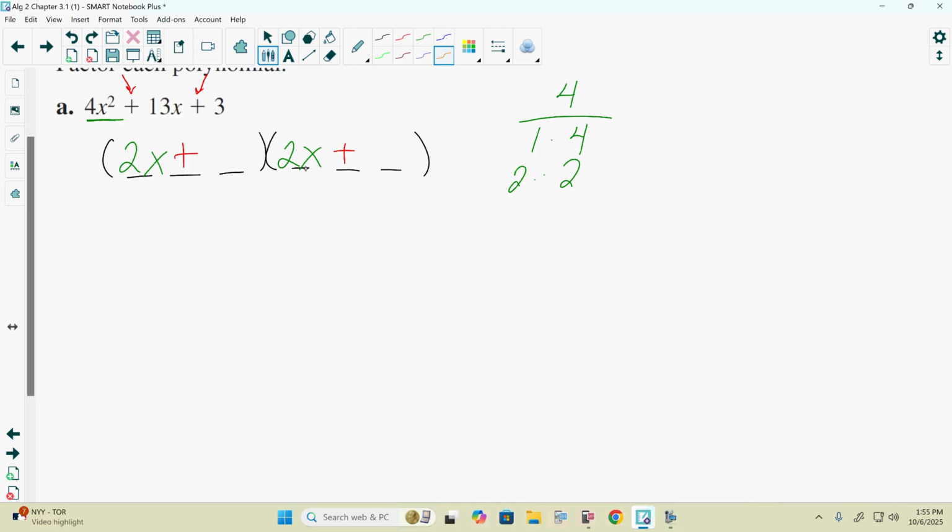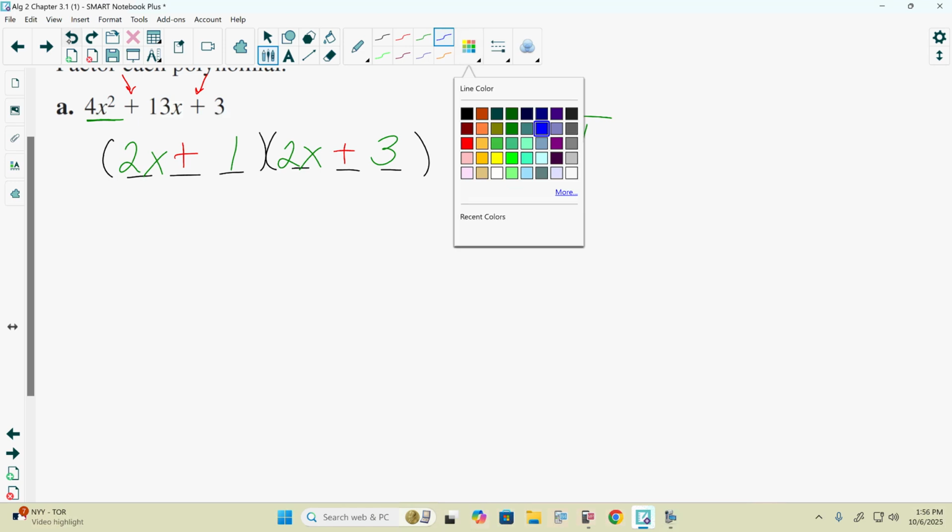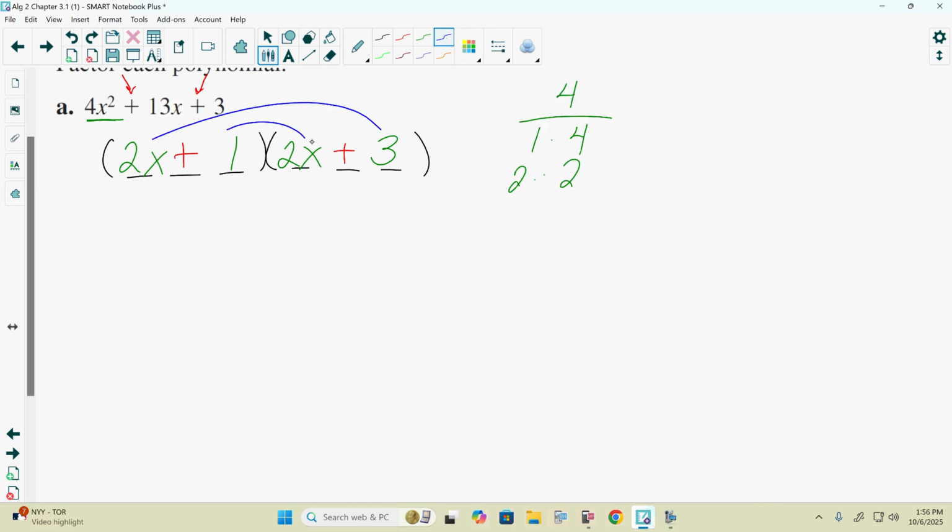Now we also need to find the factors of the third term, which are the factors of 3. Well, the only factors of 3 are 1 and 3. And at this point here, might as well just plug it in, check and see if we have the correct middle term.